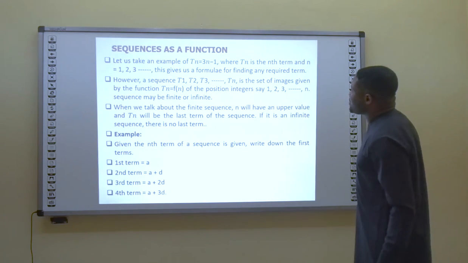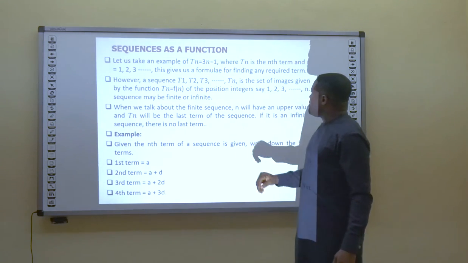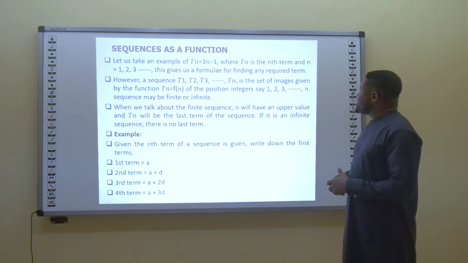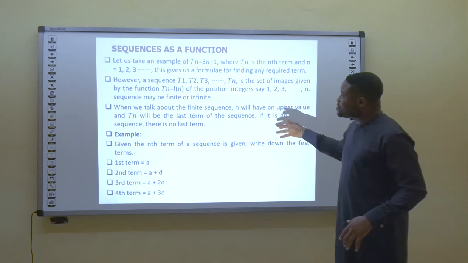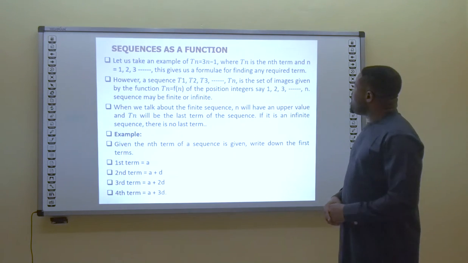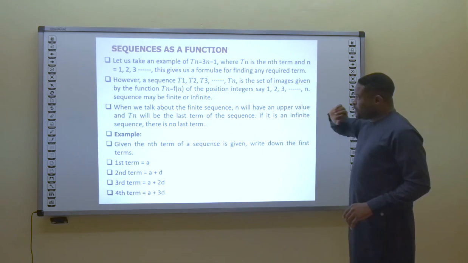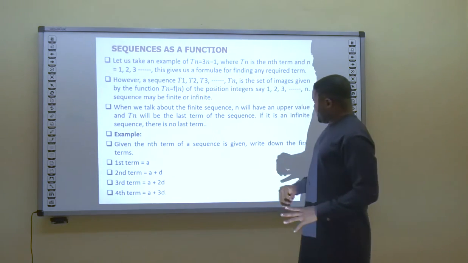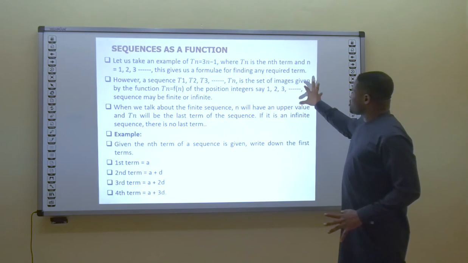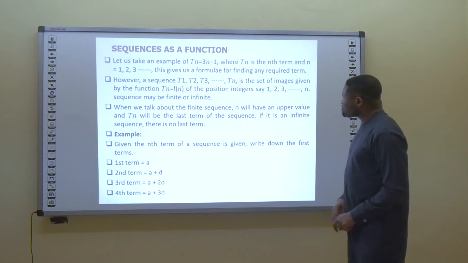Now, let's take a look at this example where we have Tn is equal to 3n minus 1, where Tn is the nth term and n is equal to 1, 2, 3 up to some infinite value. This gives us a formula for finding any required term. However, a sequence, for instance, T1, T2, T3, up to Tn, is the set of images given by the function Tn equals f(n).